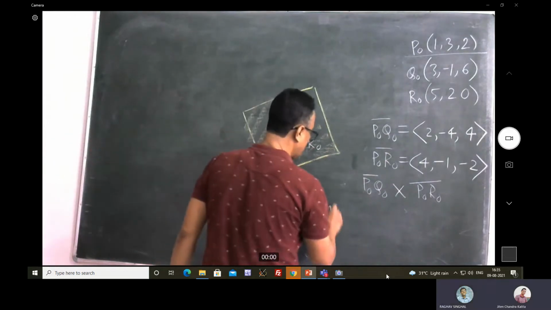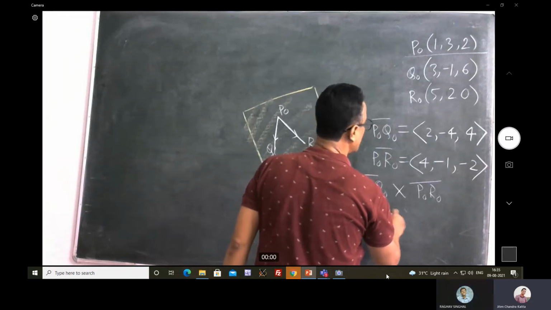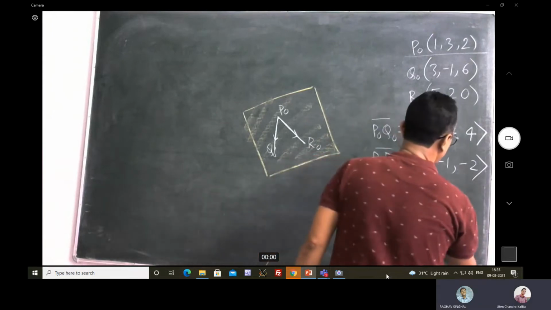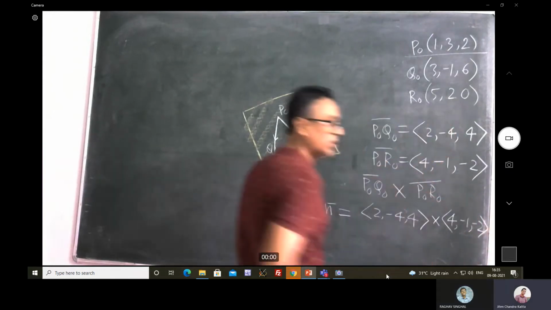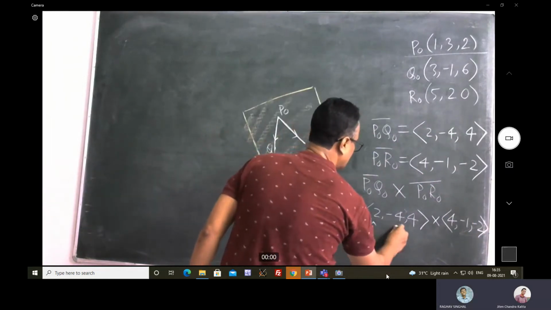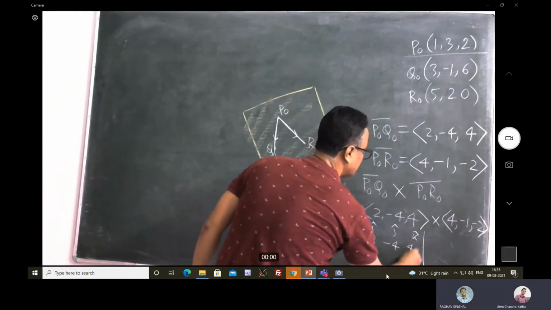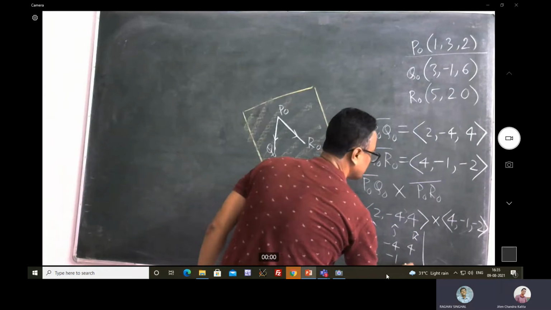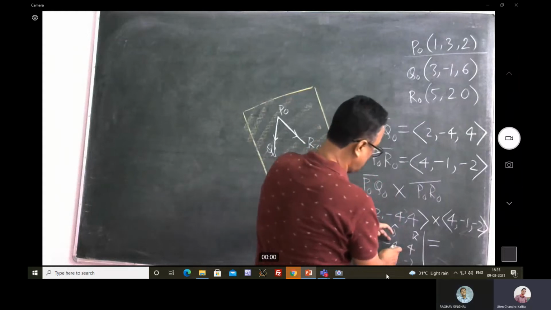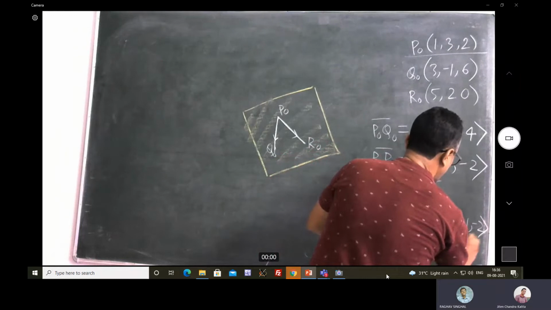So that is why I am going to take my n as the cross product of these 2 vectors: 2, minus 4, 4 cross 4, minus 1, minus 2. Then this is going to be 8 plus 4, that is 12 i.